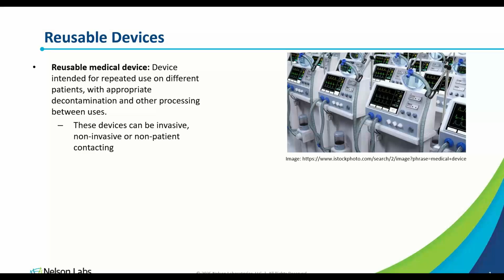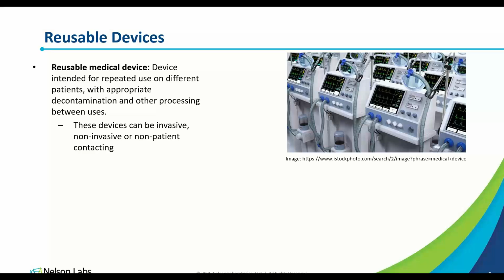It encompasses devices like surgical equipment and endoscopes, and it even encompasses devices like blood pressure cuffs, heart rate monitors, items that you may generally think of as capital equipment in hospitals and other healthcare facilities. And even at-home devices like CPAP masks or menstrual cups or other single patient use but reusable devices. It's a pretty broad category.